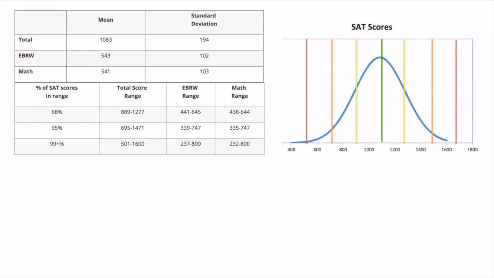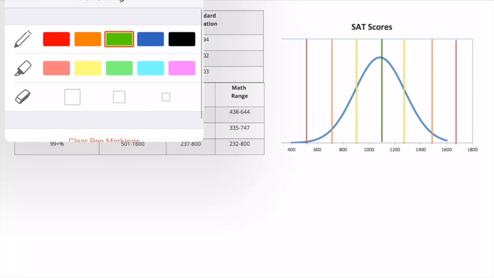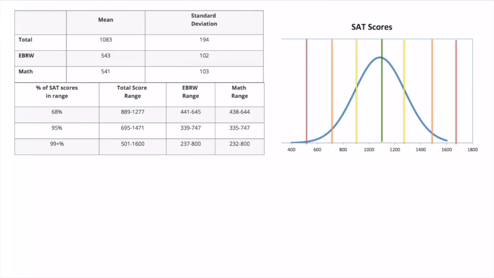So if we look at this chart here, here's our mean SAT score, with a standard deviation of 194. The way standard deviation works is that 68% of people fall within one standard deviation, both plus and minus.